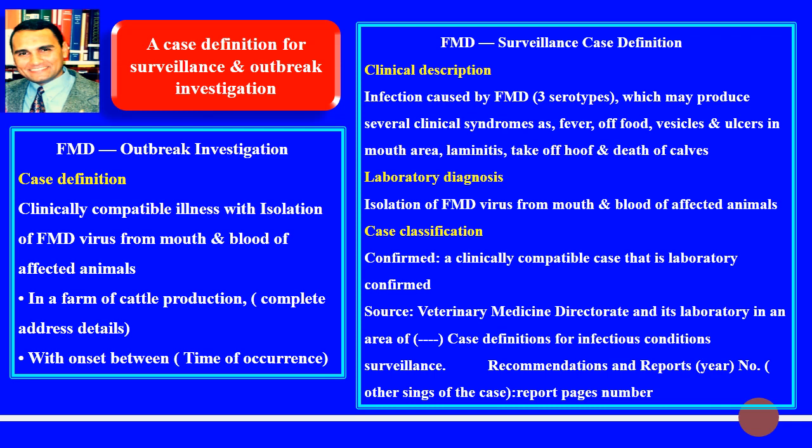The clinical criteria usually include confirmatory laboratory tests if available, or combinations of symptoms, subjective complaints seen by owners, signs, objective physical findings, and other findings. Case definitions used during outbreak investigation are more likely to specify limits on time, place, and animal or persons than those used for surveillance.